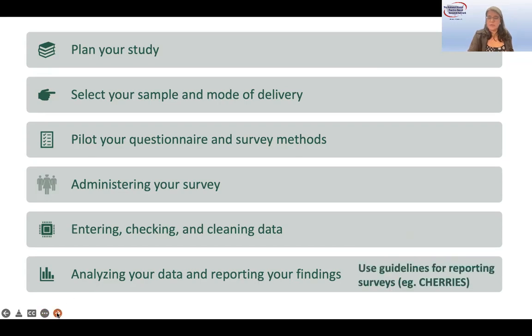Once you have your data, you are going to analyze your data, and you might need the help of a biostatistician, but it could be that you will be reporting just simple prevalence. Remember to report your missing data. Remember to report the response rates of your survey, and think about who your audience is.